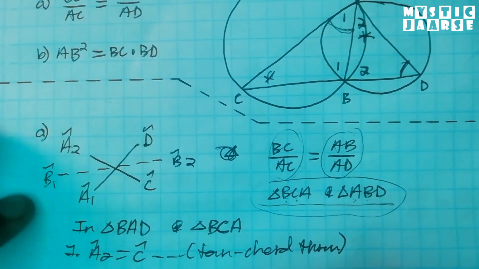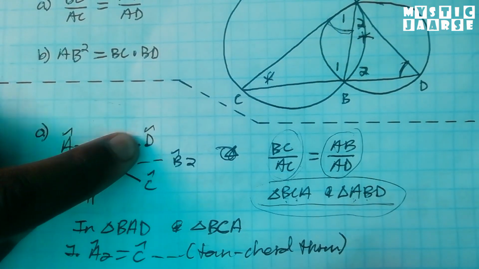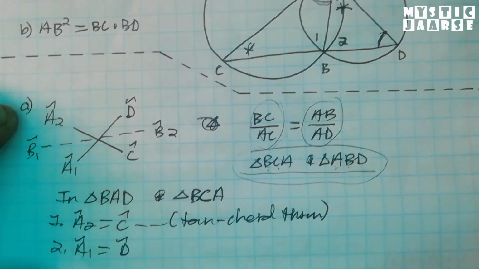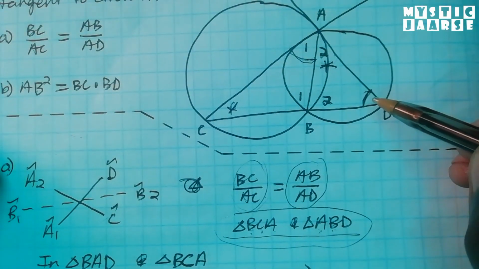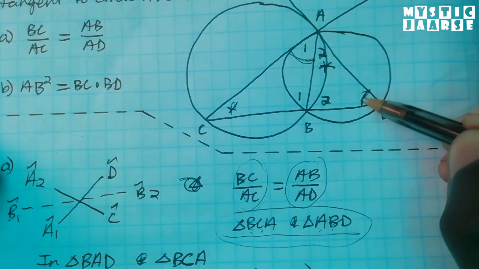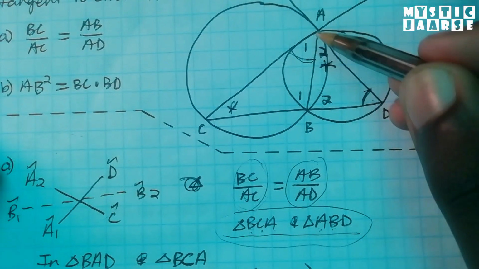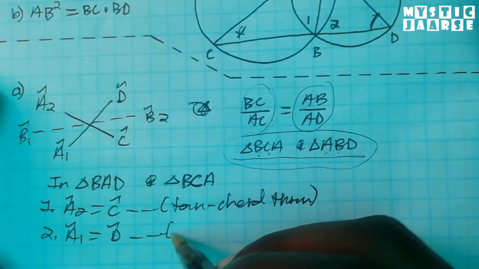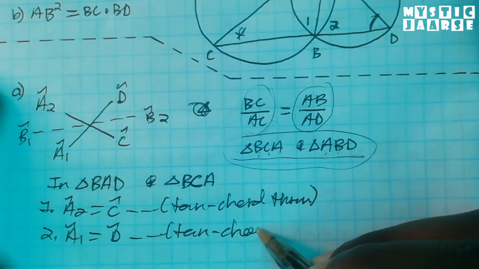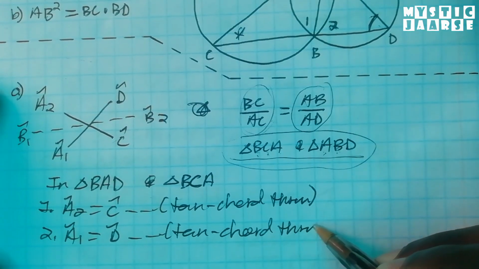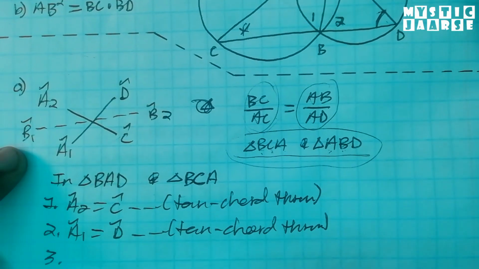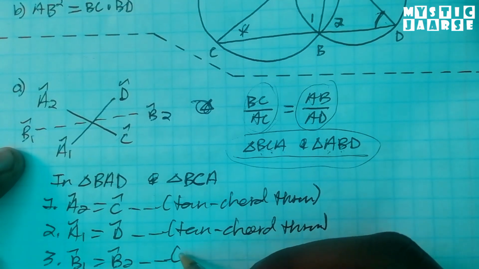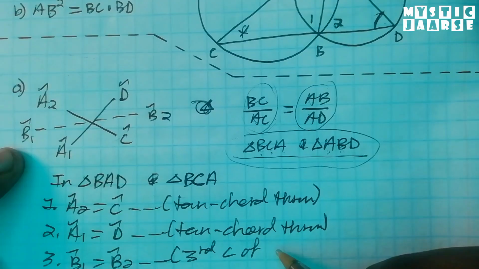And our second reason, we have angle A1 being equal to angle D. How did we know that? Well, angle D is an angle in the alternate segment, and it is equal to this angle between the tangent and the chord. So we use the tan chord theorem. Now the third reason, angle B1 is equal to angle B2. We can just say this is the third angle of triangle.